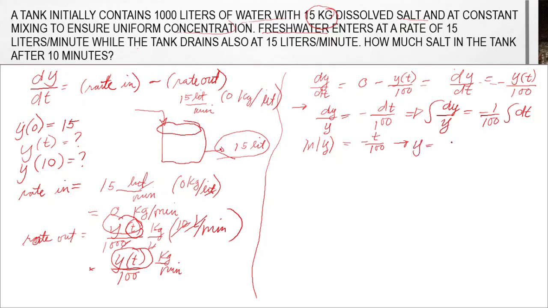So we only want the y. Y is equal to, I forgot we have to add a constant c here, e to the negative t over 100 plus c, or y is equal to e to the c multiplied by e to the negative t over 100. e to the c will just be equal to C. So that means your y as a function of time is just equal to C e to the negative t over 100.